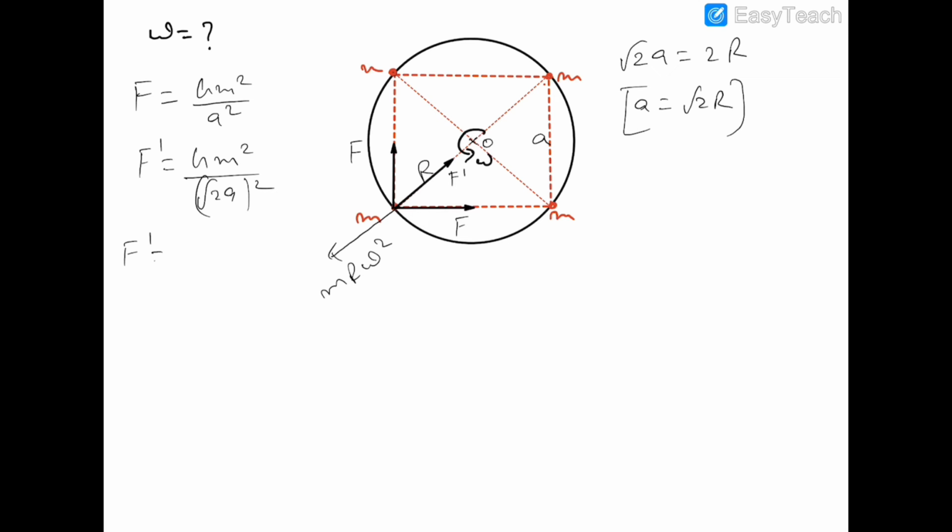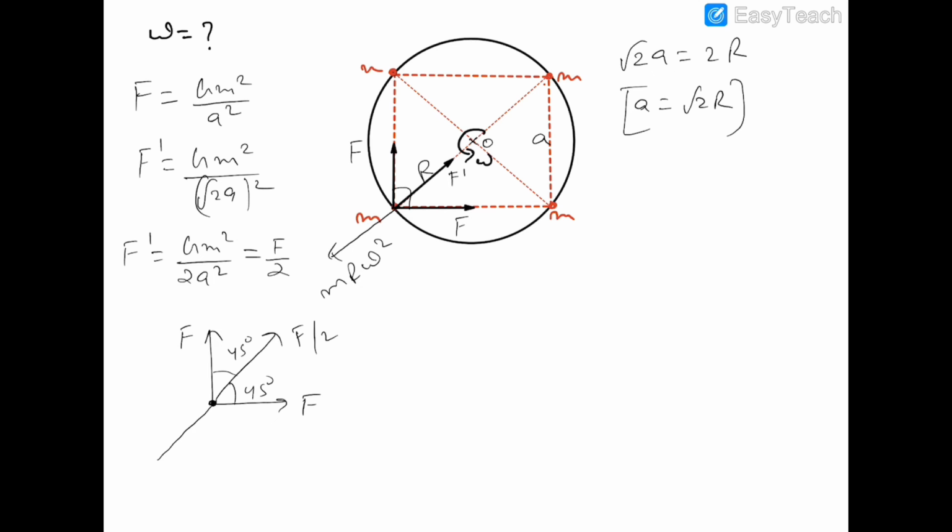So F dash will be equal to G m square by 2 A square, and this is F by 2. Okay, so now if we write down the net force, then this is F, and this is F, and this is F by 2, and this angle is 45 degrees obviously, because the diagonal of the square divides this complete angle into 2 equal parts.